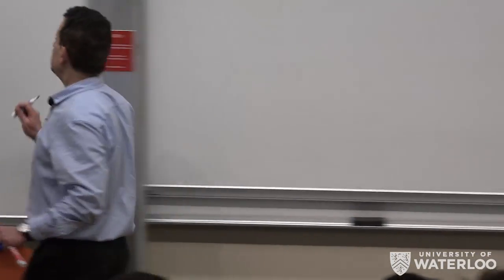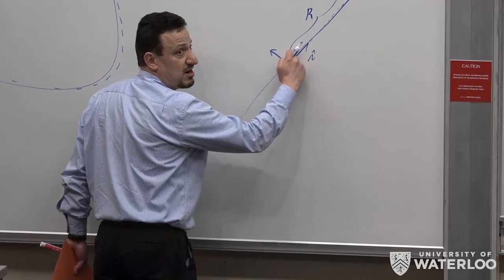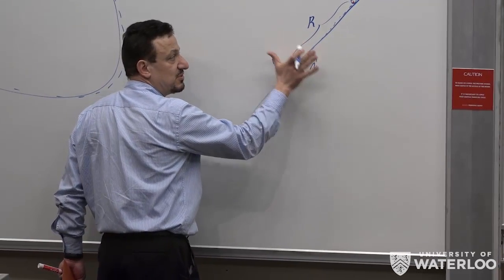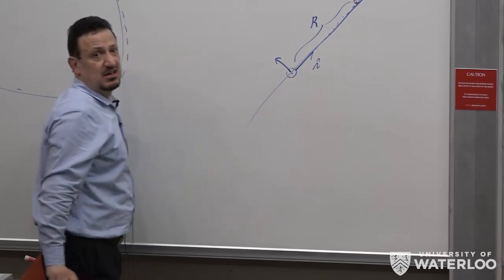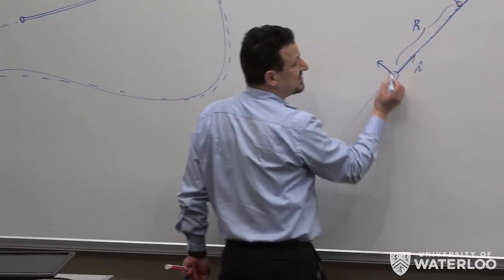Because I dL is like that. Cross it with R. If you want to use the right-hand rule, this crossed with that, the finger is pointing in this direction. Now, what is this direction?